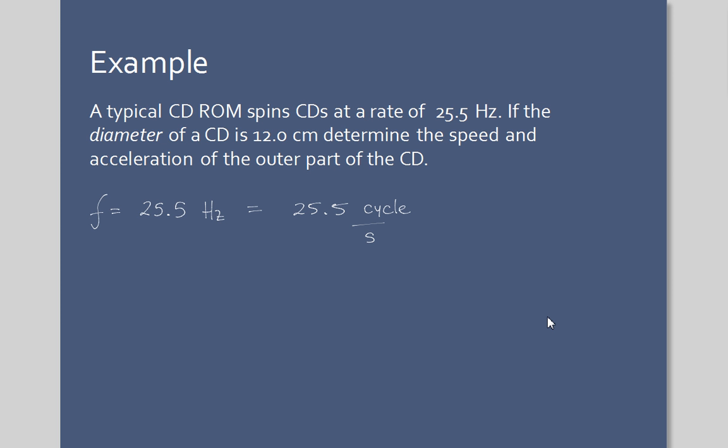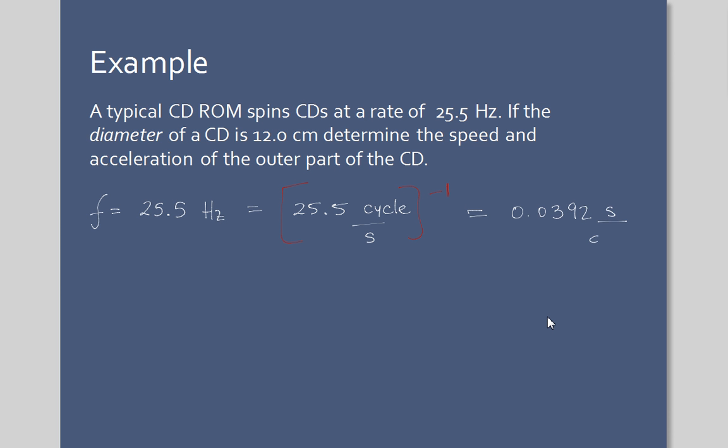Okay, so then if you take the inverse or the reciprocal, power minus 1, what happens when you go 25.5 inverse? You get about 0.0392. What would be the unit now?